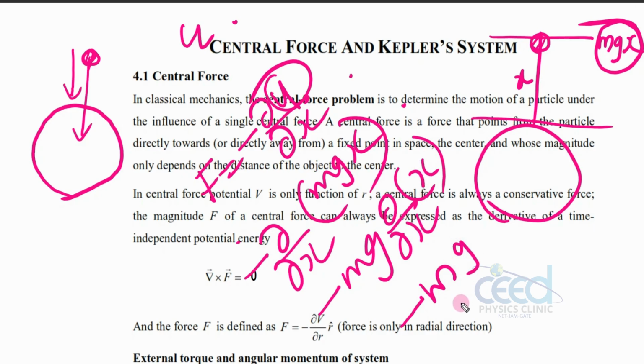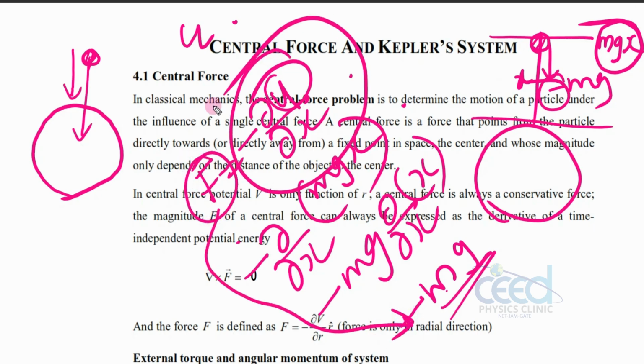Then minus mg, what is mg? Mass into acceleration due to gravity, that is force only. So that is equal to minus mg, the force acting downward, right? With its sign it is correct, it is acting downward, negative. So this F we are getting by the negative gradient of potential energy, right?